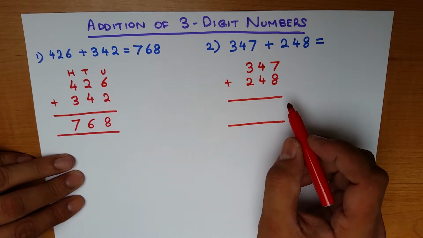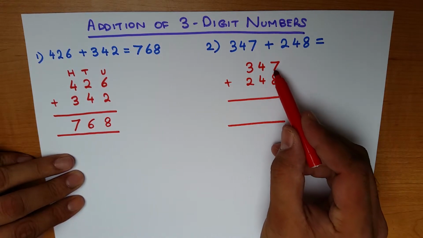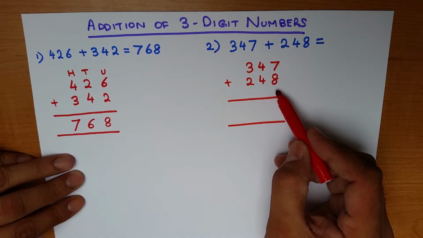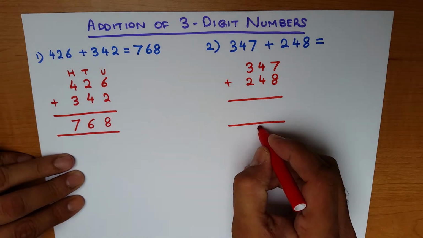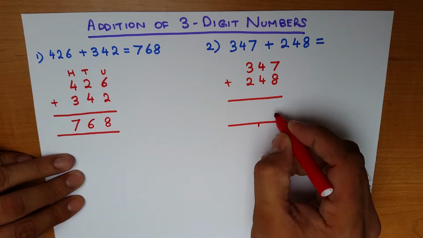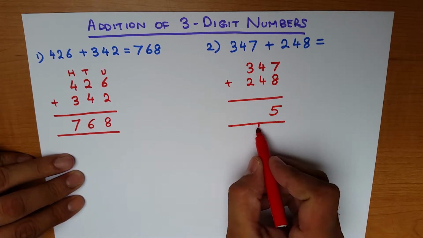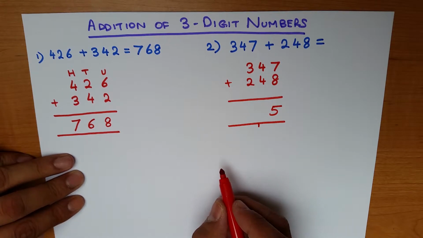Now you know the routine by now. We add the column on the right hand side first. So what is 7 plus 8? 7 plus 8. That's right, it's 15. We put the 1 down here and the 5 goes here. 15. The 1 becomes part of the tens column.